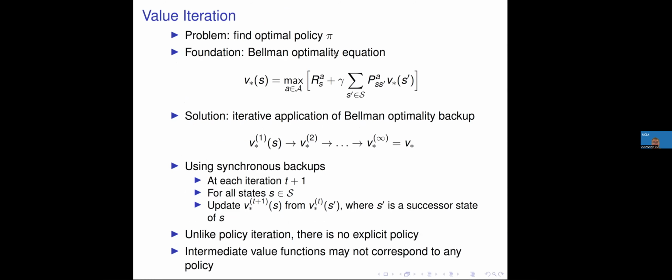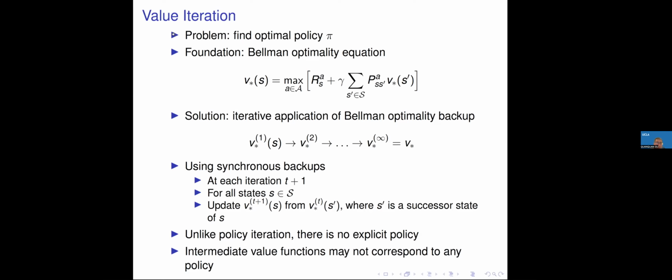Instead of first starting with some random policy, then evaluating that random policy, and then doing improvement, which is what policy iteration does, value iteration won't divide the process into evaluation and improvement. It will just directly go find the optimal policy.